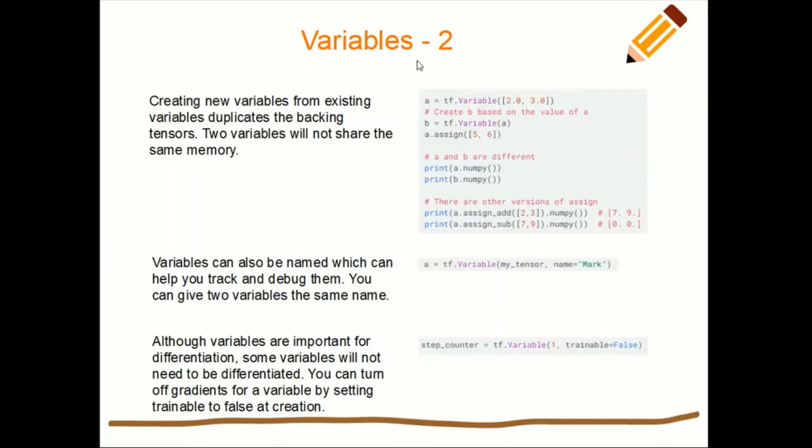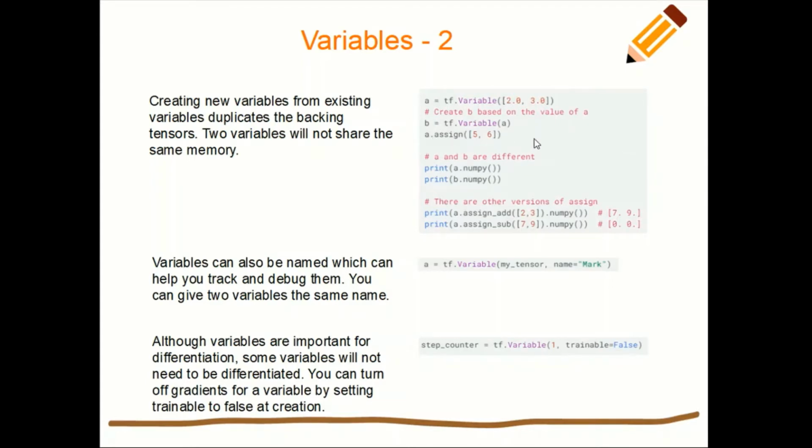Okay, now in this particular case, let's say we are creating this variable from a list of the values here, and then we create another variable starting from this variable. So we say tf.Variable, and we pass this earlier created variable here, right? And now let's say we do a.assign 5 and 6.